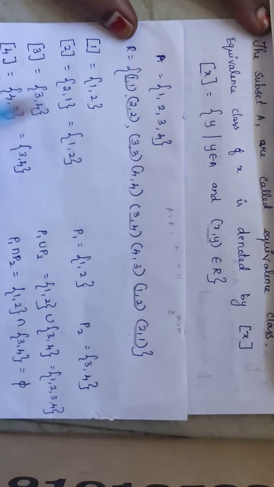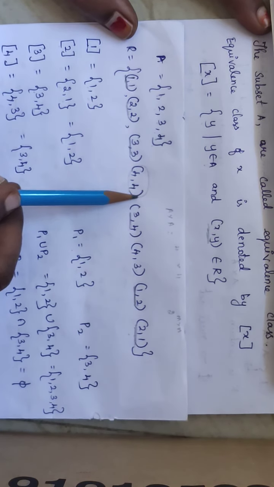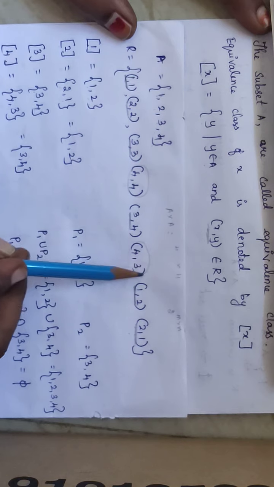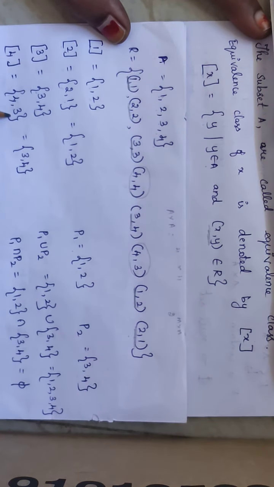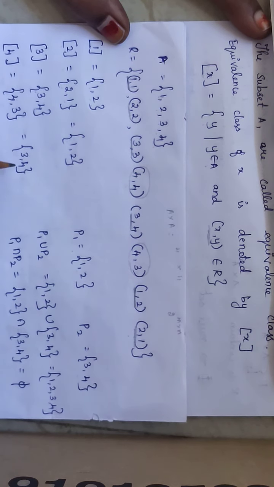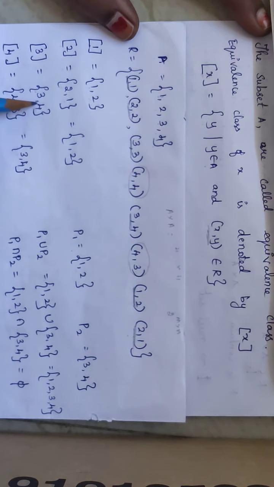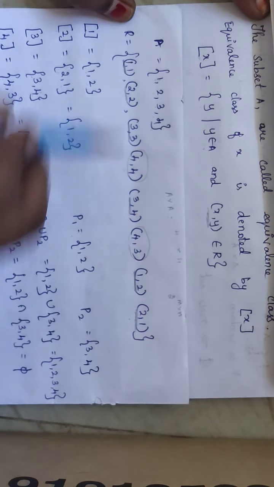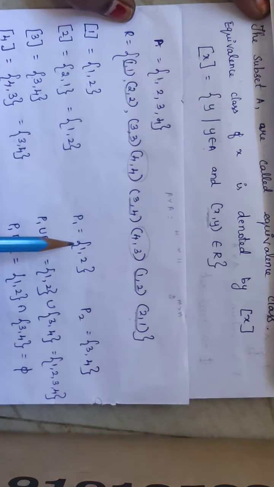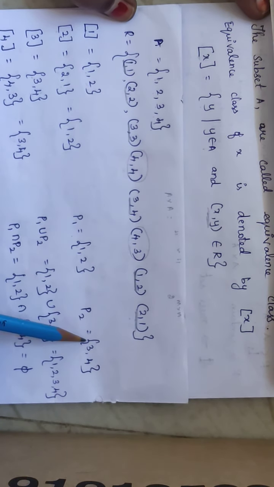Equivalence class of 4 means the ordered pairs (4, 4) and (4, 3) will be there. So the y elements are 4 and 3. This (4, 3) we can write as (3, 4) also. These two subsets are the same, therefore make these two into the second partition. Now the single set A has been divided into two partitions.